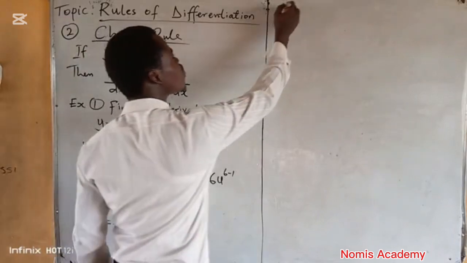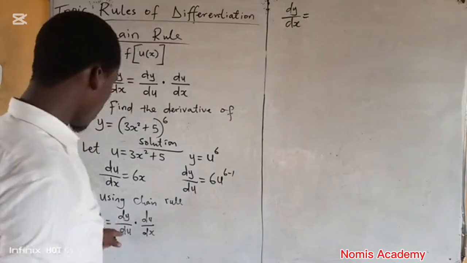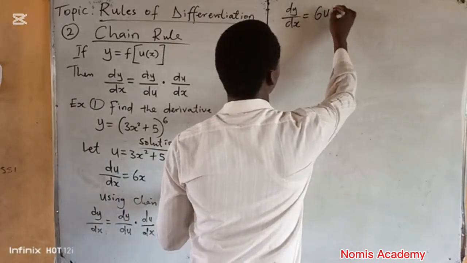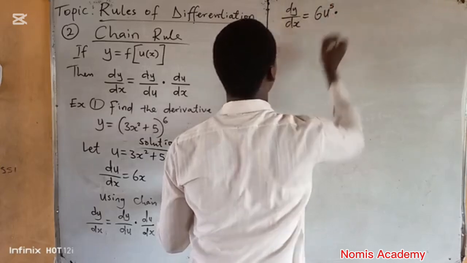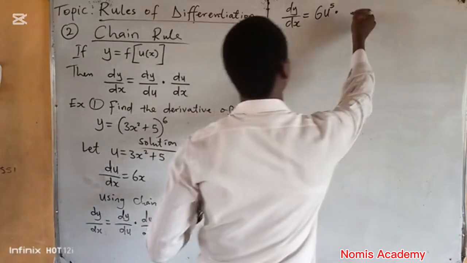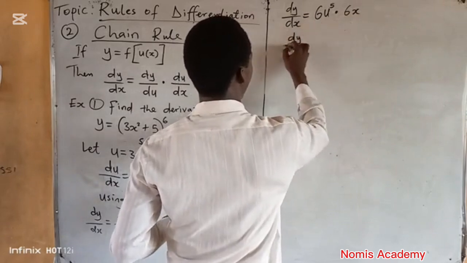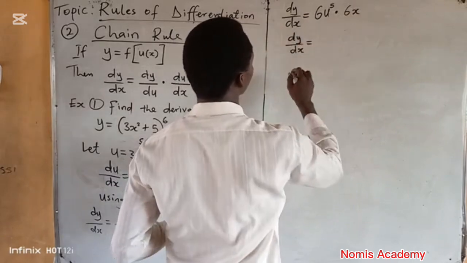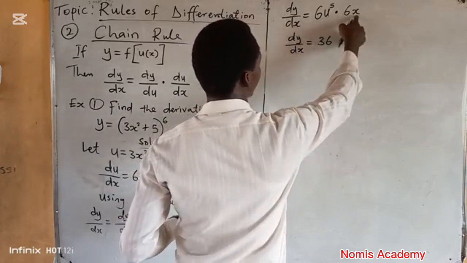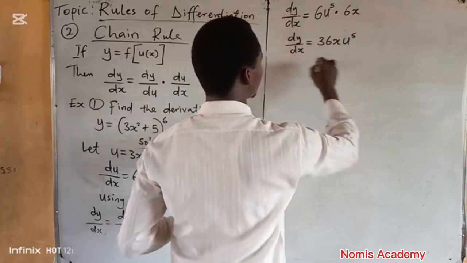So that will be dy over dx is equal to dy over du, which is 6u raised to the power of 5, multiplied by du over dx, which is 6x. Now multiply the two together. dy over dx is equal to 6 times 6 is 36, and then x times u raised to the power of 5 is xu raised to the power of 5.